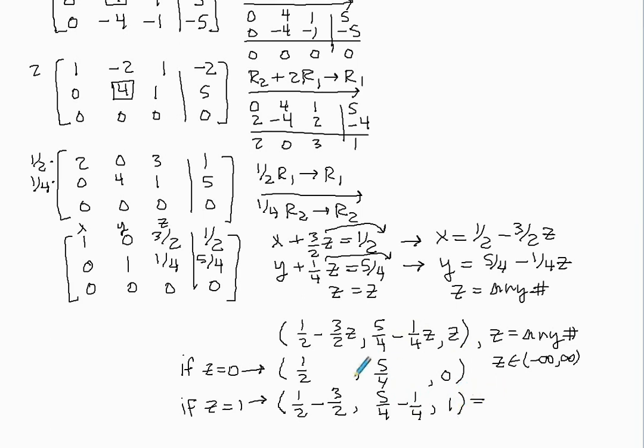So that is 1/2 minus 3/2, so that's going to be 0.5 minus 1.5, so that's -1. And then 5/4 minus 1/4, that's 4/4, which is just 1. And then we picked z to be equal to 1. So -1, 1, 1, there's another solution. And any value for z that you pick and plug in all the way across, you get a different solution.